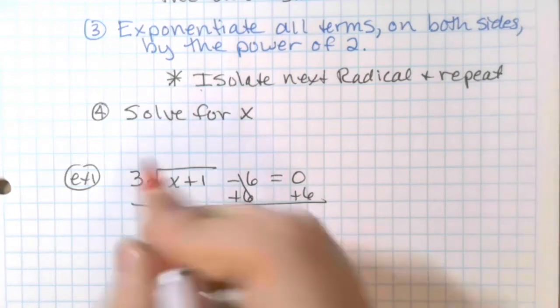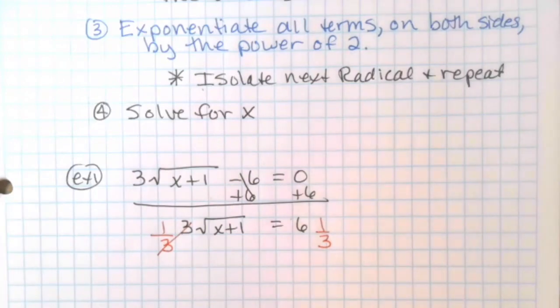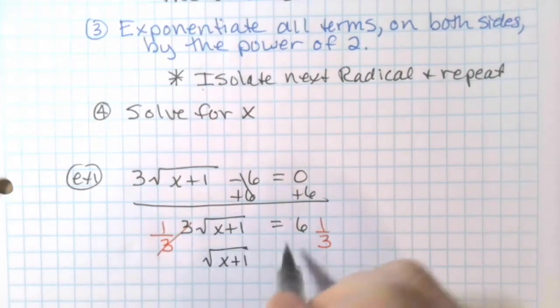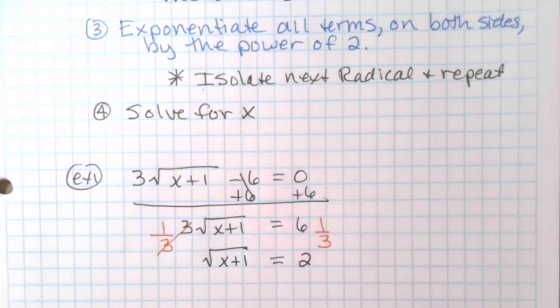So this is step 2. So multiply both sides by 1/3 to get rid of the scalar because we want the x plus 1 to be alone. 6 divided by 3 is 2. Now, if the scalar is a 4 or a 1 or something that will square out nicely, we don't have to worry about it. But usually you're going to want to move it.